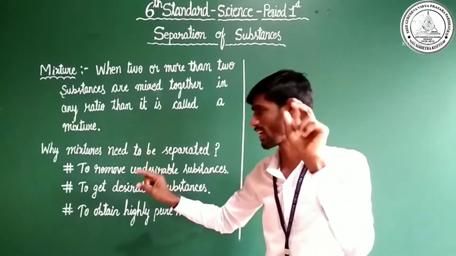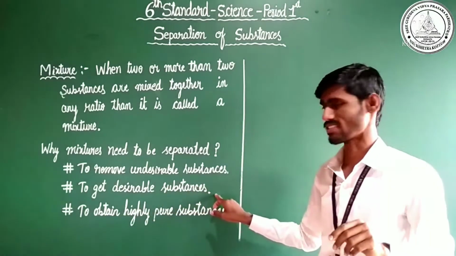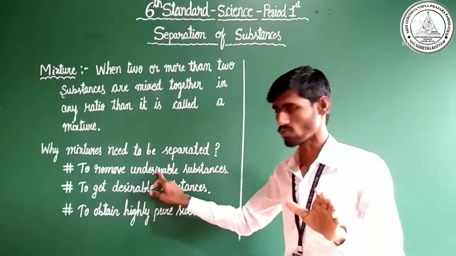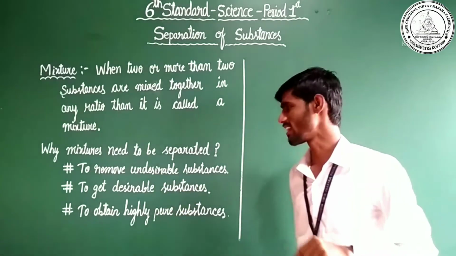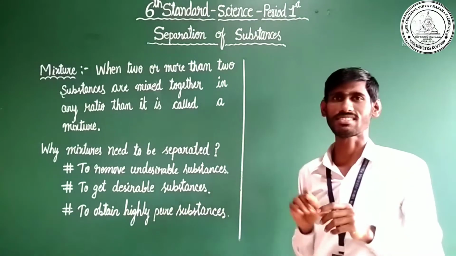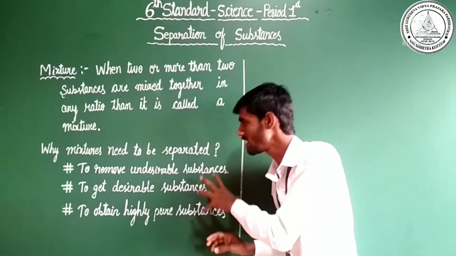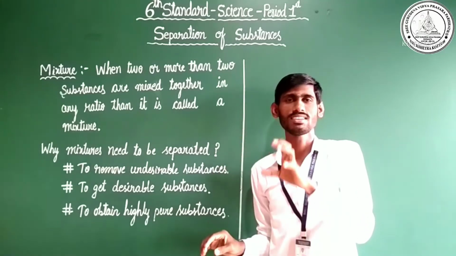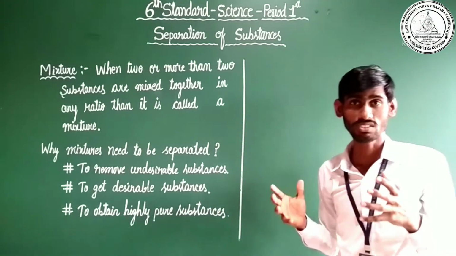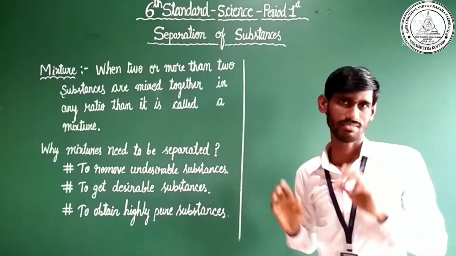The second valid reason is to get desirable substances, the opposite of this one. The third valid reason is to obtain highly pure substances. These three are very valid and important reasons. Which question? Why do mixtures need to be separated?